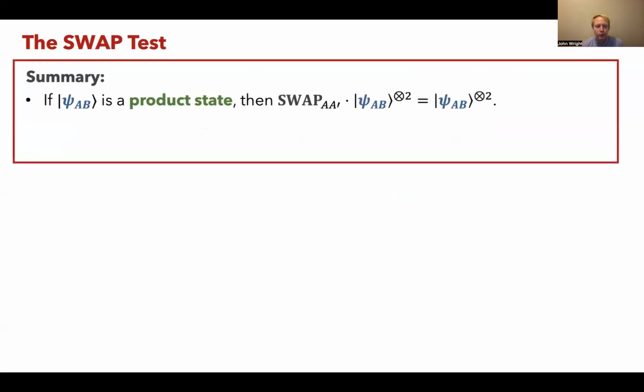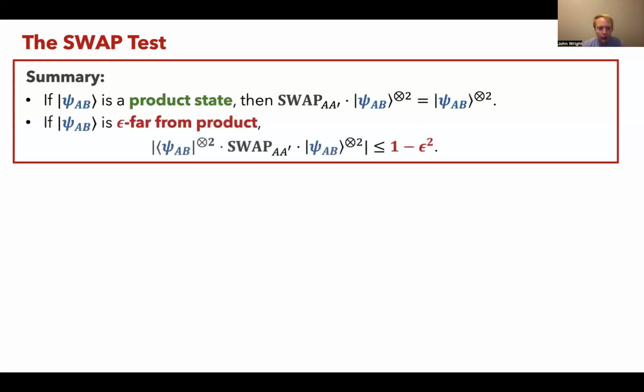Okay, so in summary, if psi is a product state, then if you apply swap to 2 copies of psi, you get back psi tensor 2. But on the other hand, if it is epsilon far from product, and you apply swap to 2 copies of psi, then the resulting thing has overlap at most 1 minus epsilon squared with the starting state psi tensor 2.